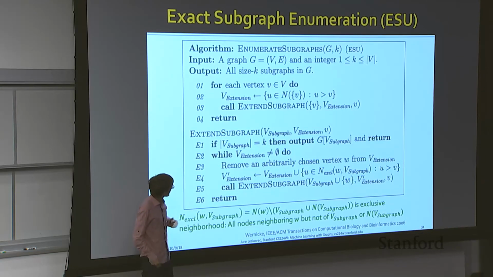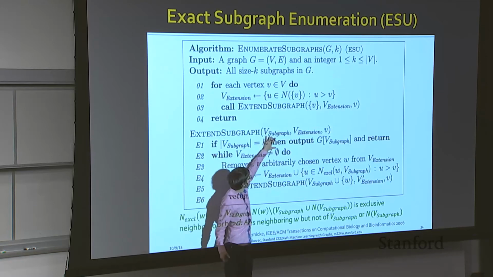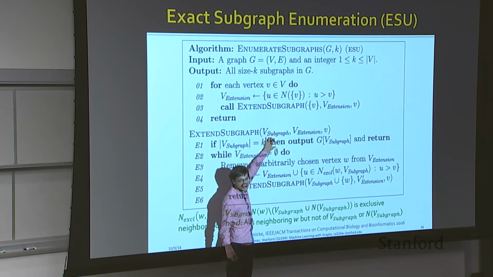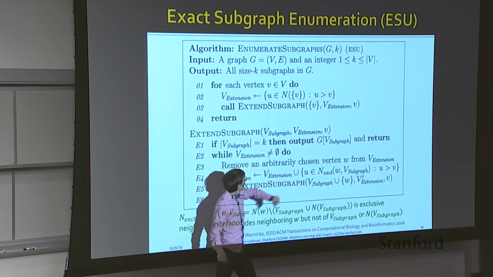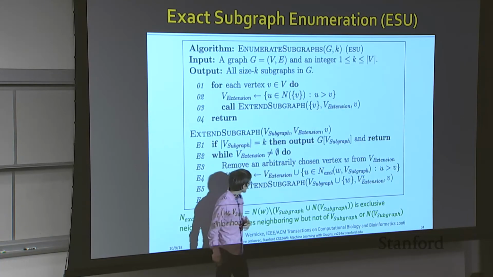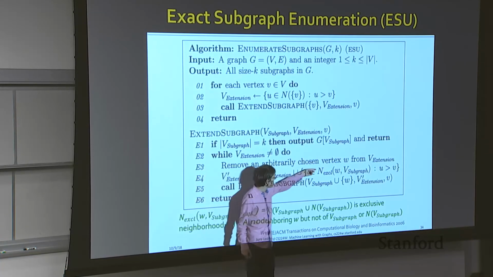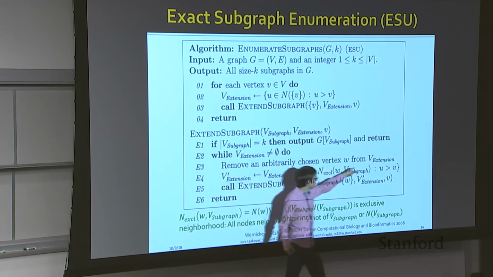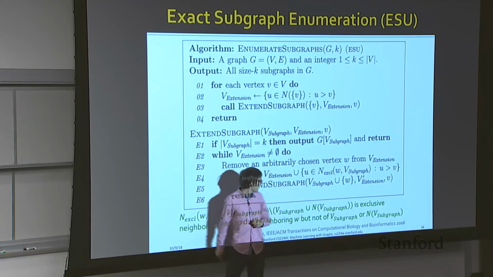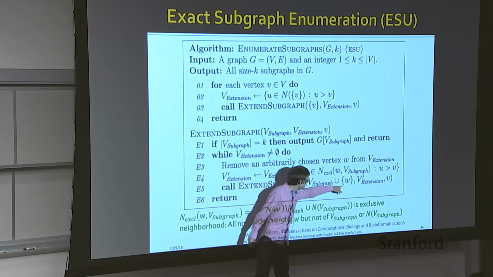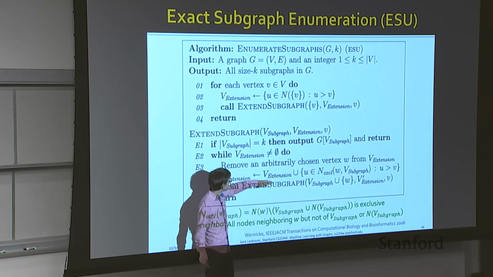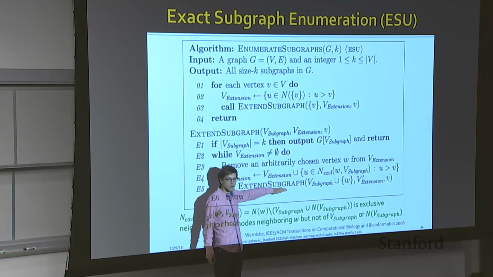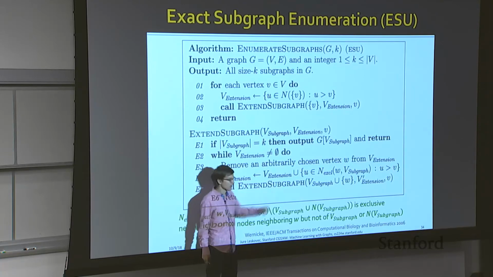And the way this will work is that given the subgraph I have built so far, which at the first iteration will be just a single node v, and a set of nodes to which we can extend, we will essentially go and say, let's pick an arbitrary node from this extension, let's add it into our subgraph, and let's update our extension set and run the same routine again. Okay?